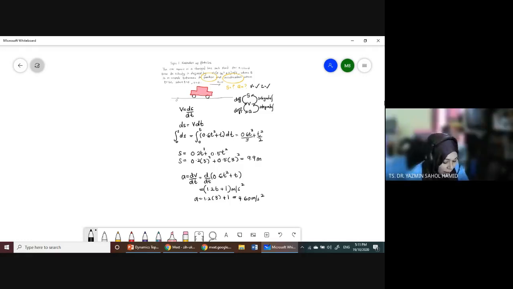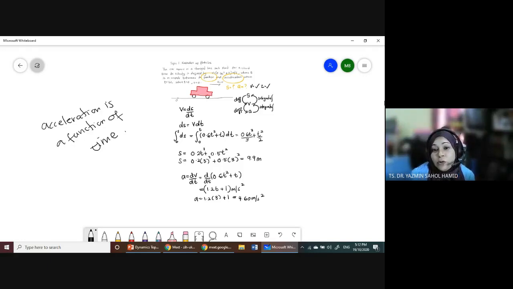The reason why we do not use constant acceleration is because the acceleration in this question is a function of time. It means at different time intervals, the acceleration is different. The acceleration is not constant throughout.